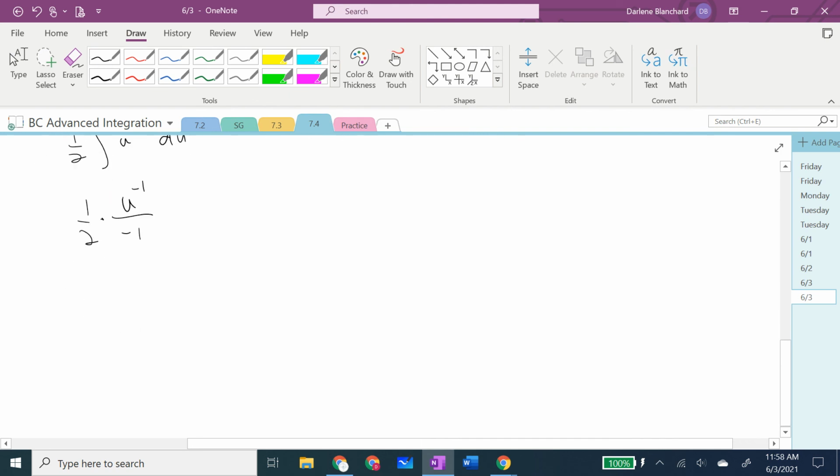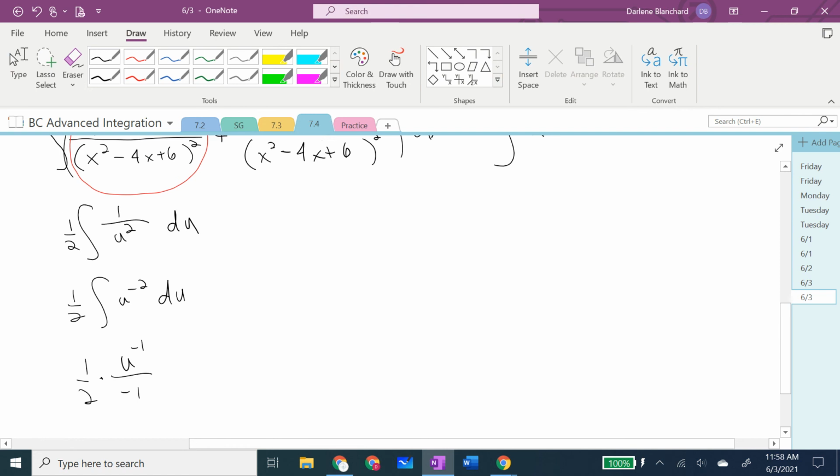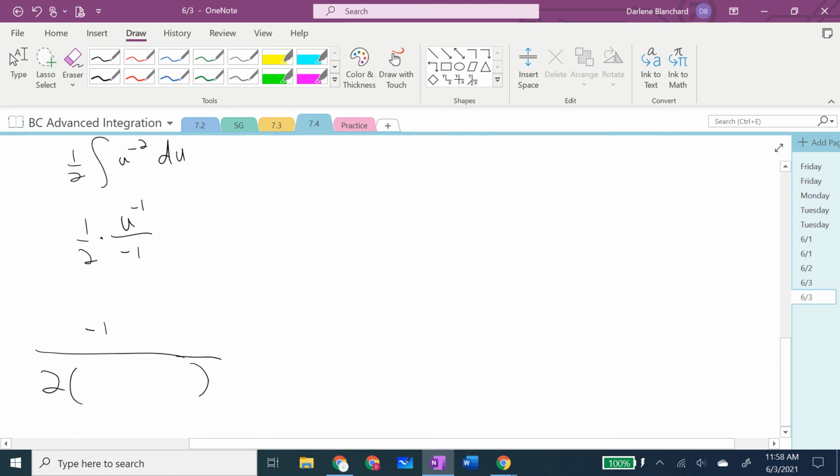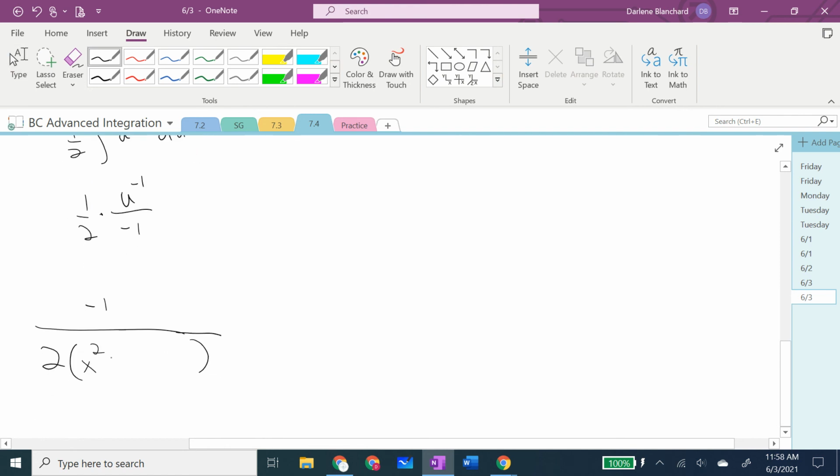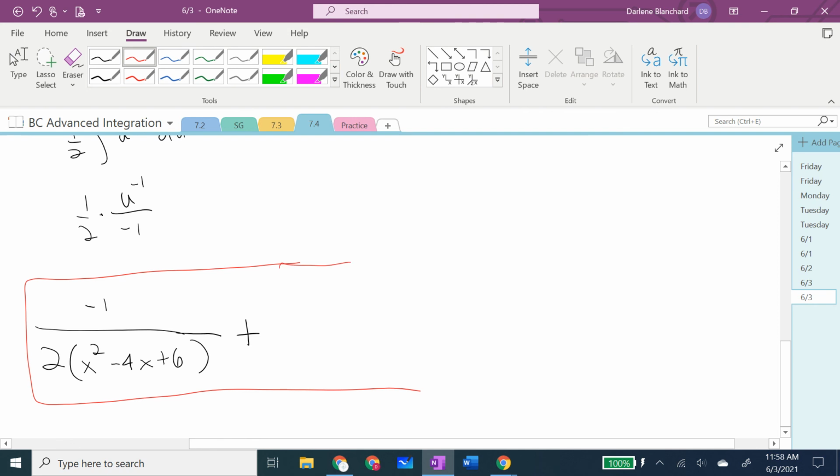And so ultimately I am getting negative 1 over 2u, where the u was x squared minus 4x plus 6. And then I continue. I'm going to put a big giant plus sign, start a, hey, final answer.